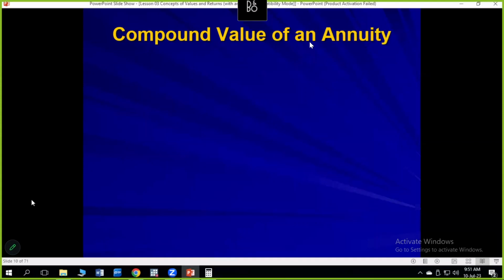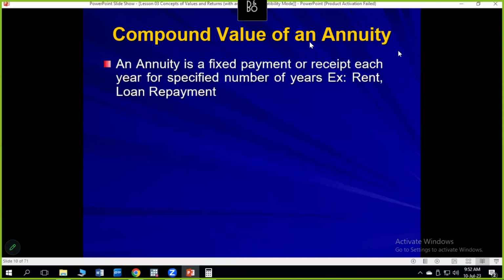Then you can learn another concept, the compound value of an annuity. It may be new to you. What is the meaning of annuity? Annuity is a fixed payment made each year for a specific number of years. In practice, an example of an annuity is rent.